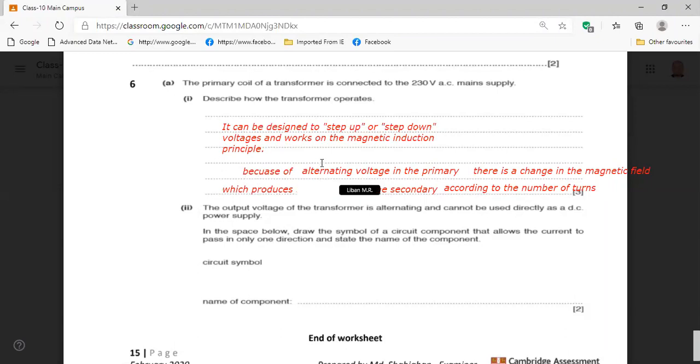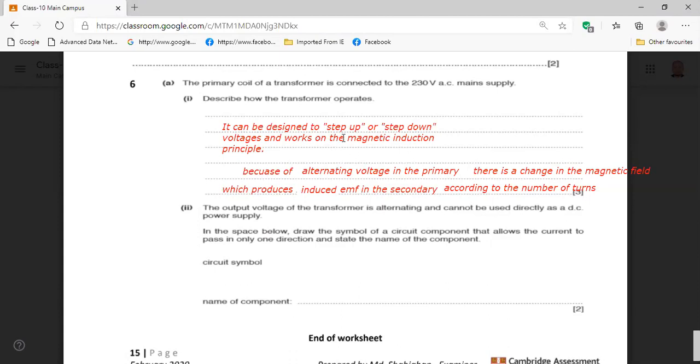So here we have to mention all this. Alternating voltage is a particular source we are using for a transformer. If you are using direct current or DC power supply, then it's not working.